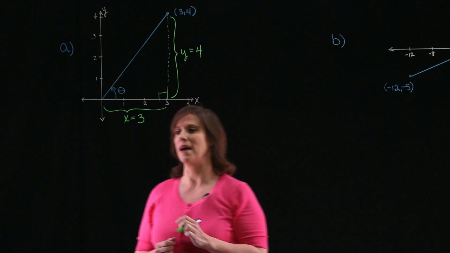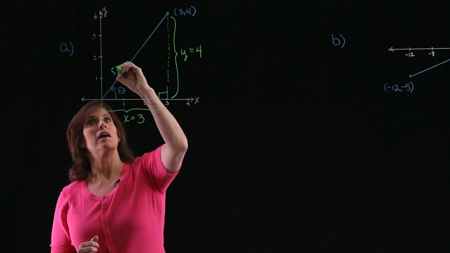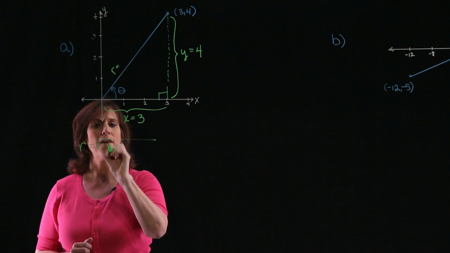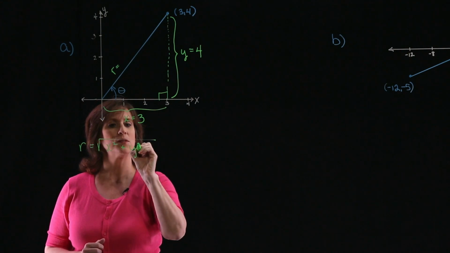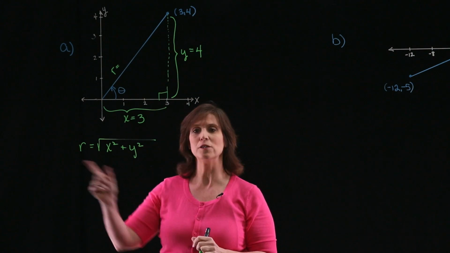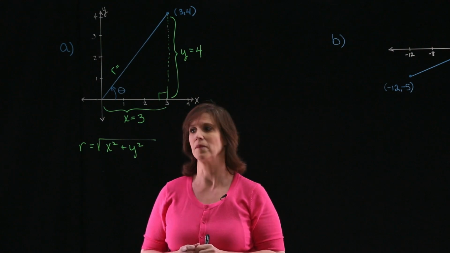So let's go ahead and do that. I'm going to say that r equals the square root of x squared plus y squared. Now this may not look like the Pythagorean theorem at first, but if I square both sides, I get r squared equals x squared plus y squared.